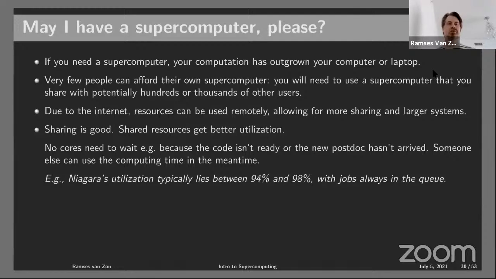But you don't run to the store and get a supercomputer, because very few people can afford one. So you'll have to get access to a supercomputer, but you're not the only one. You'll share that with potentially hundreds of thousands of other users that are also on that supercomputer, and that changes how you work on these computers, sort of on a day-to-day basis.